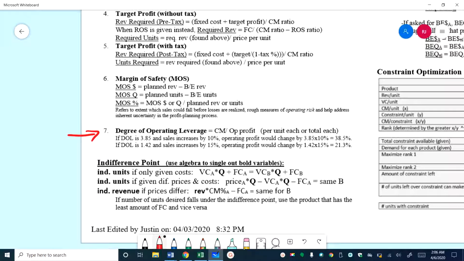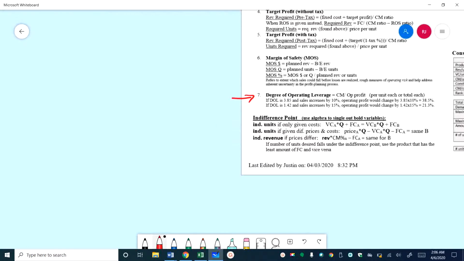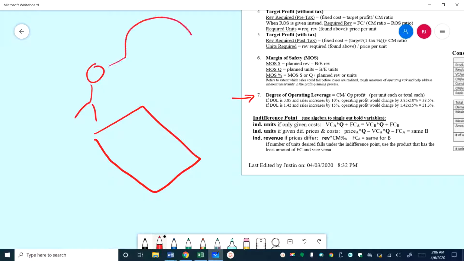Last equation. This one's kind of trickier to explain, so I'll draw it out. Let's say you are at a board meeting, and there is a guy presenting at the front, and he says to your CEO, our revenue went up by 10%. And everybody's cheering and everybody's happy. And then this guy who barely pays attention and you're not sure how he got into your company goes, oh my God, that's awesome.